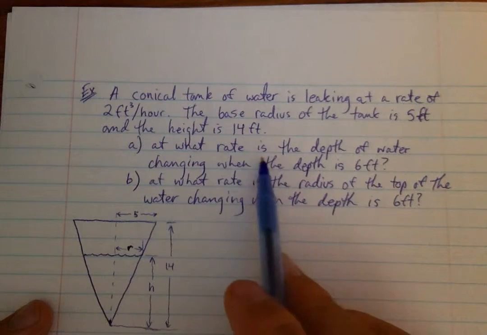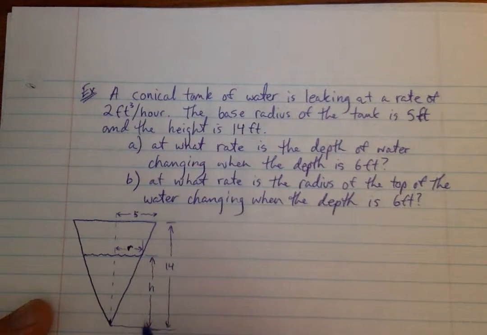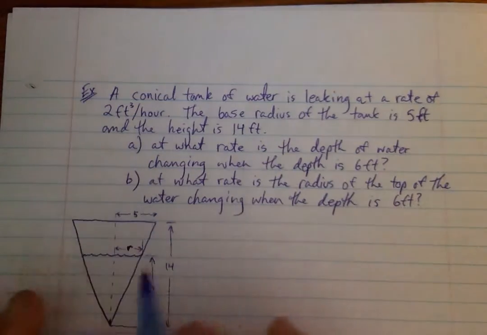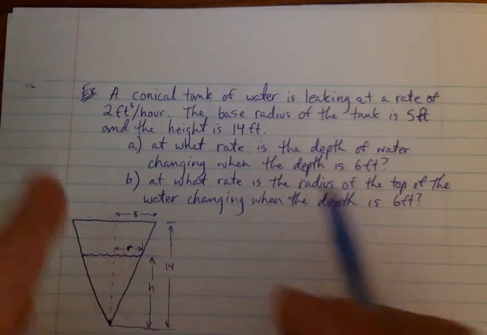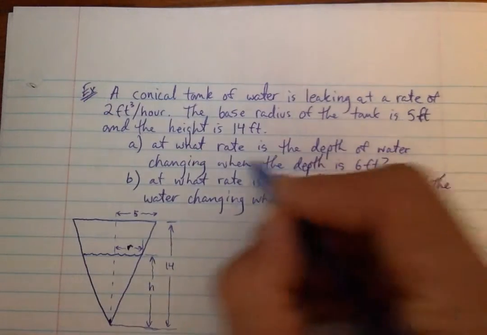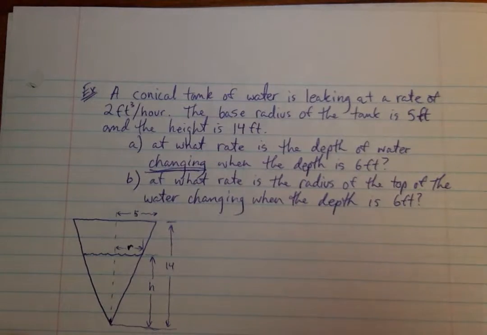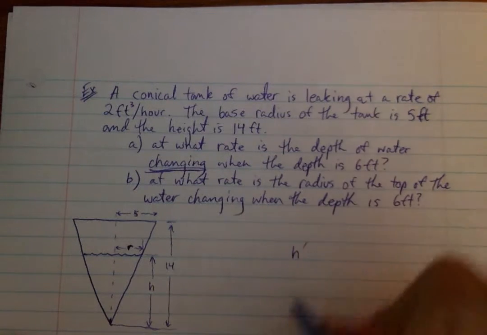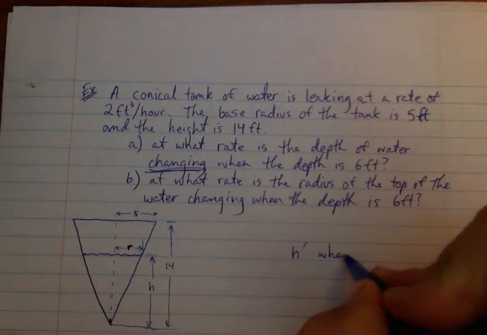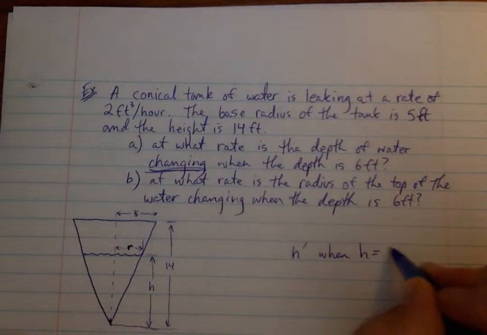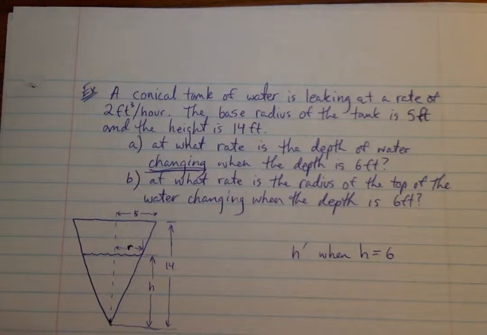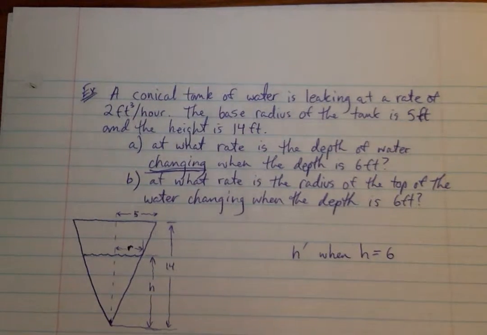So at what rate is the depth of the water, that's this h, changing when the depth is 6 feet? So what we're looking for is h prime when h equals 6, right? Okay.